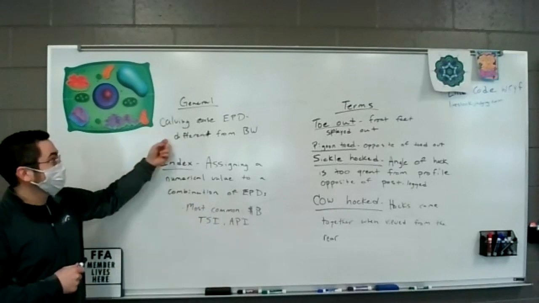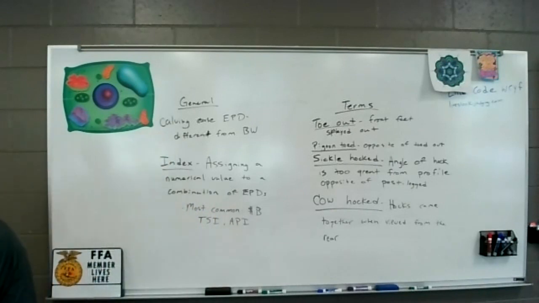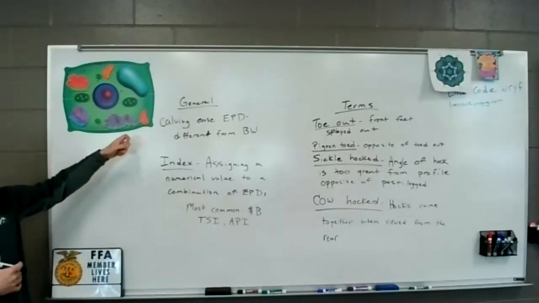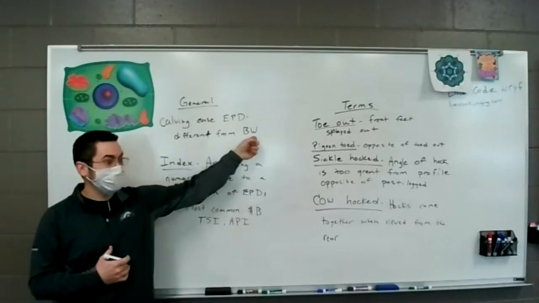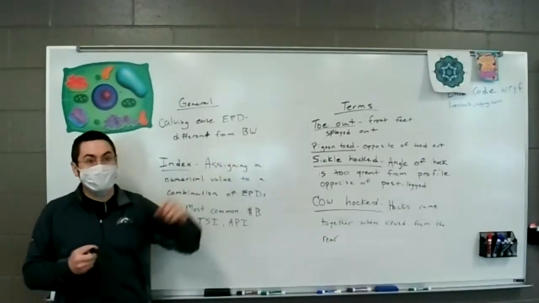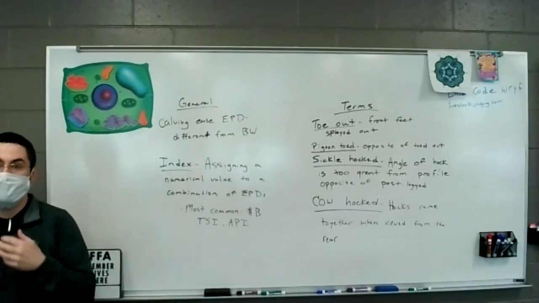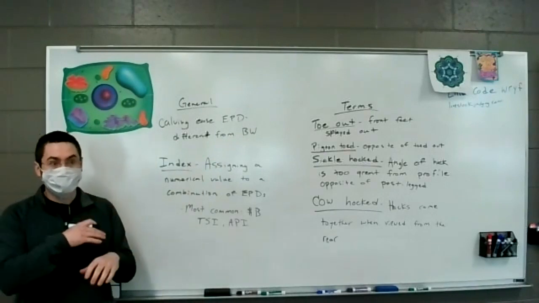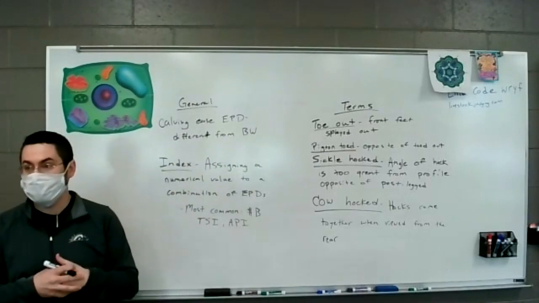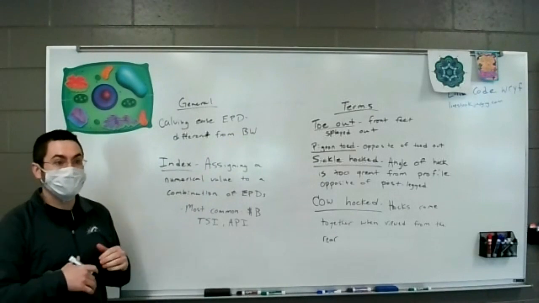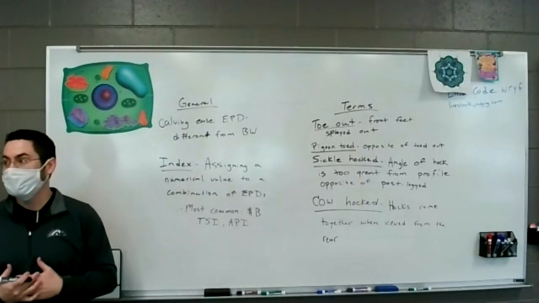Today, I want to talk about the calving ease EPD. This is almost inverse of what the birth weight EPD is, but it's exactly what we're talking about. Birth weight, which we talked about yesterday, indicates how small that calf is going to be. It literally takes the weight of the calf, registers that, and determines whether that cow or bull or whatever it is that you are evaluating, whether they're going to have big calves or small calves.